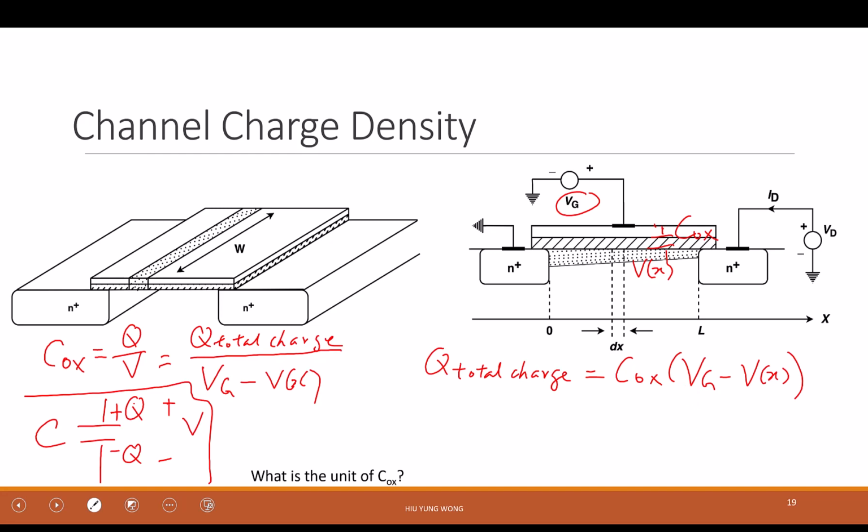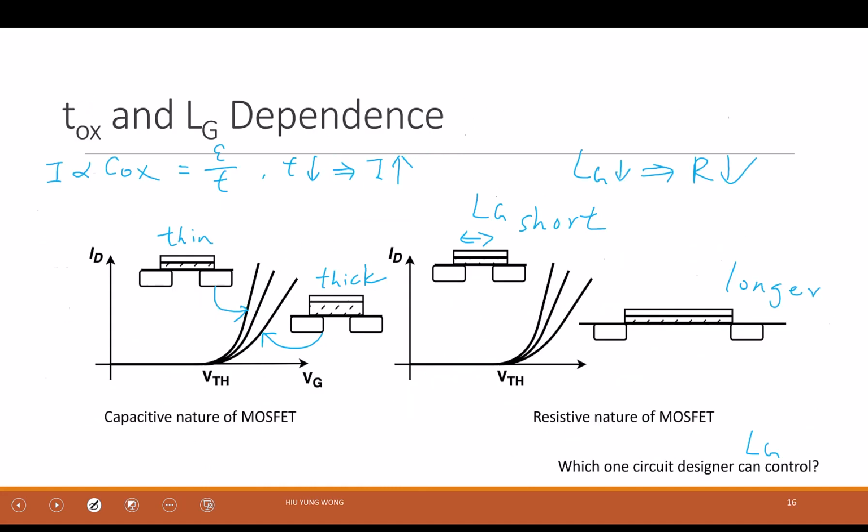But do you remember what the total charge is after inversion, or at each state? It actually has the free electron plus the depletion charge. Correct? It's not just free electron. Look at this.